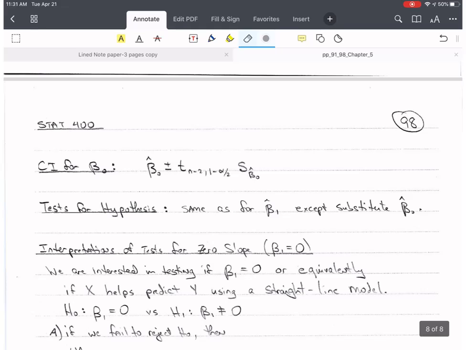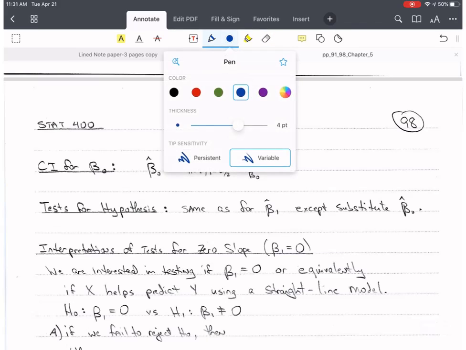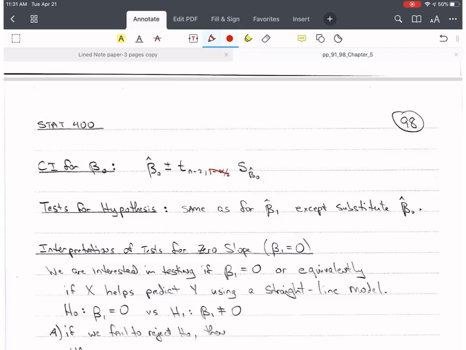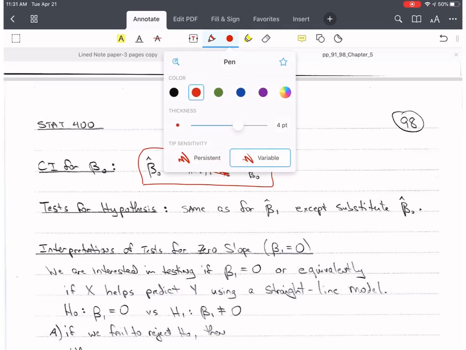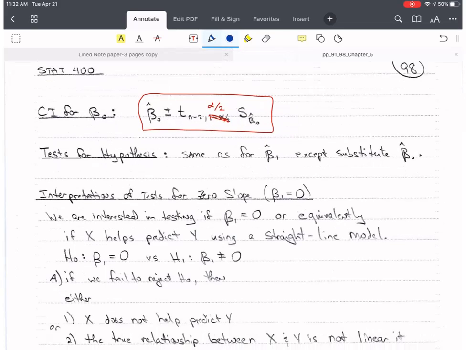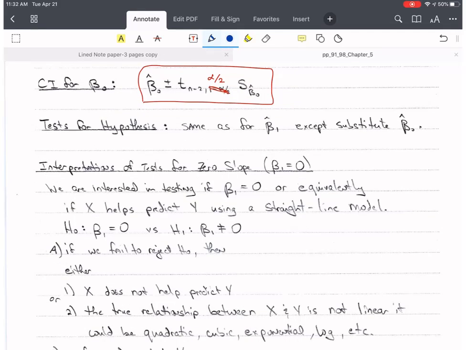And so again, I've copied this from a book that uses a different notation than us. So that should be t sub n minus 2, alpha over 2, times s sub beta naught hat. So that's our formula for the confidence interval for beta naught. So the hypothesis tests are going to be exactly the same as for beta 1 hat, except substitute beta naught hat in there.